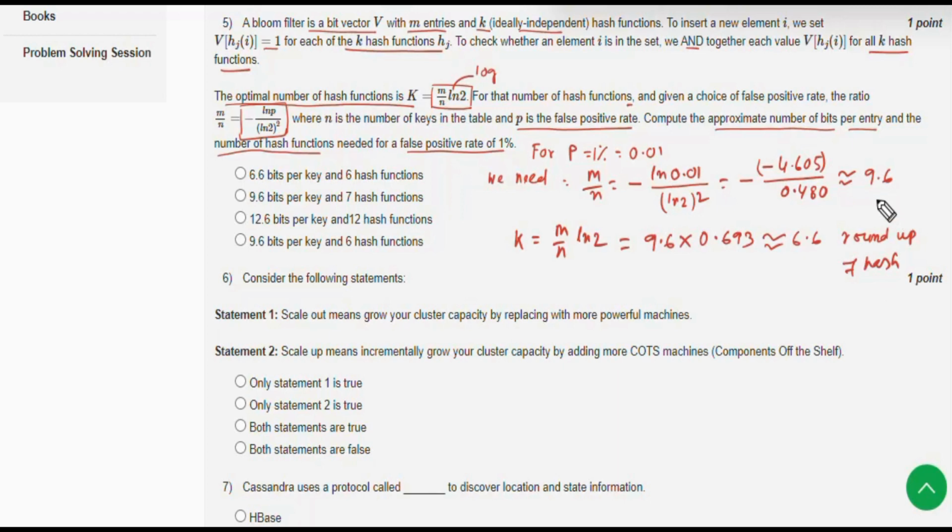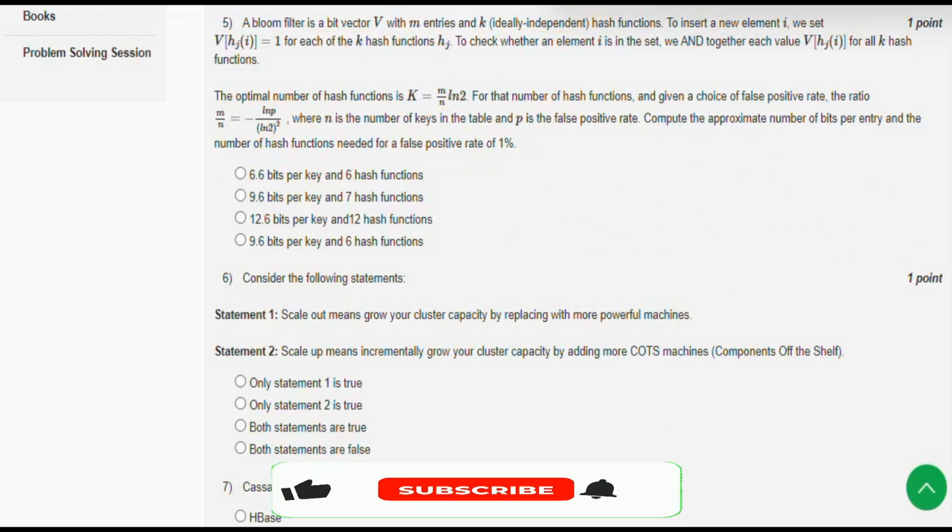So the answer will be 9.6 bits per key and 7 hash functions. So that is the correct answer. So friends, I just select that one.